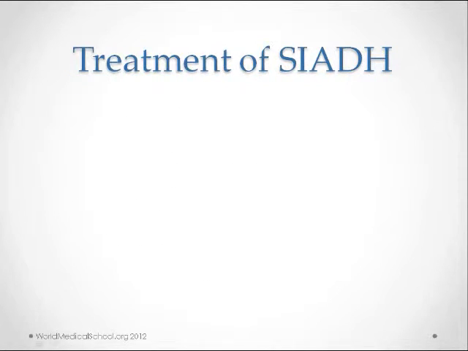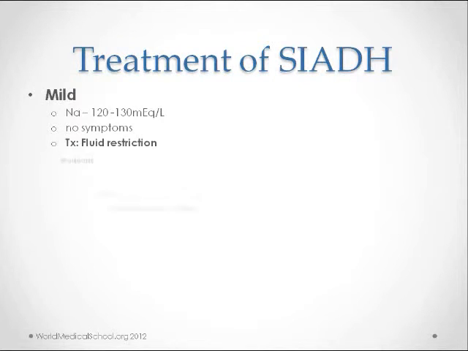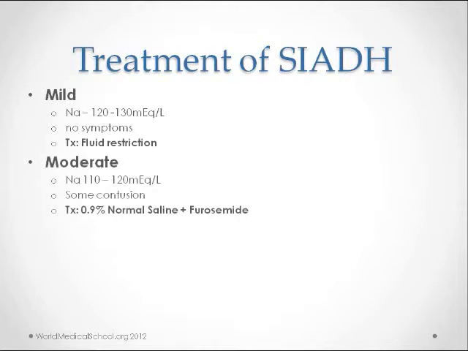Treatment. One has to treat the underlying cause when known, and also manage the degree of hyponatremia and its consequences. For mild hyponatremia between 120 to 130 with no symptoms, fluid restriction is the best first step. For moderate hyponatremia between 110 to 120 with mild confusion, normal saline with a loop diuretic like furosemide can be given.